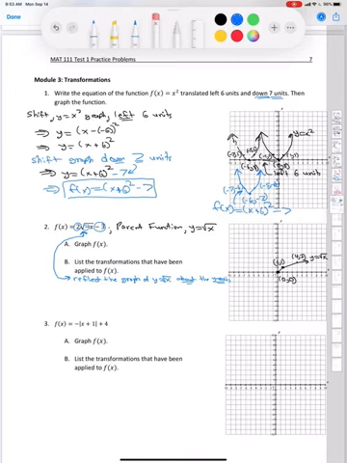It's going to take every ordered pair, and I'll write that down. Every point (x, y), you will find the ordered pair (-x, y) on your graph. So for example, (1, 1), if we reflect across the y-axis, we would be at (-1, 1). (4, 2), we reflect across the y-axis, we would be at (-4, 2).